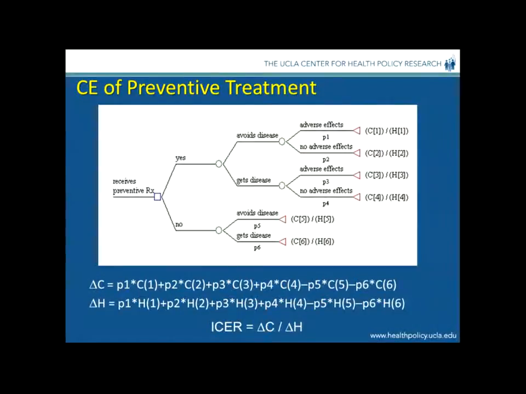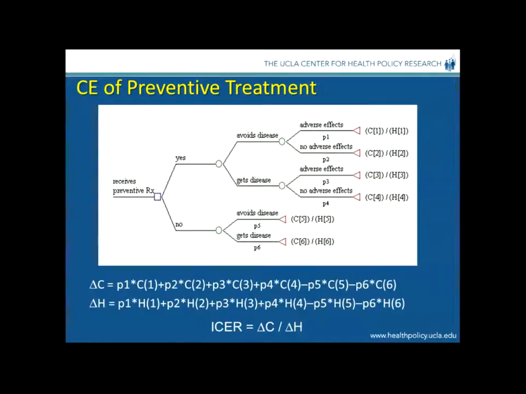Both of those outcomes have a probability, P5 and P6, and both of them have cost and health outcomes associated with them. That's what the C and the H represent. In the top part of the tree, for people who do get preventive treatment, you're going to have the same two primary outcomes. People are going to avoid the disease or they're going to get it.